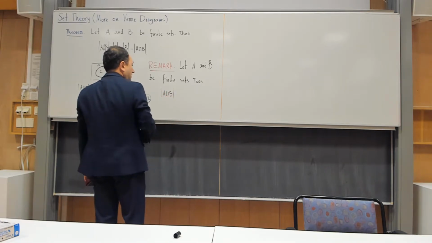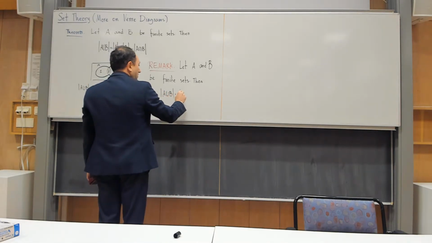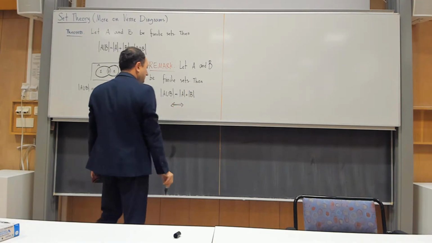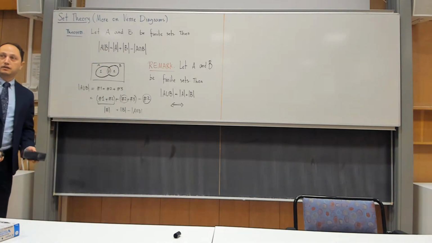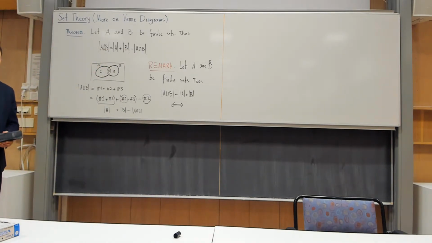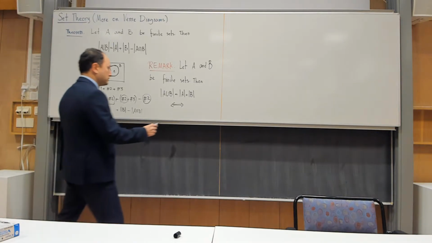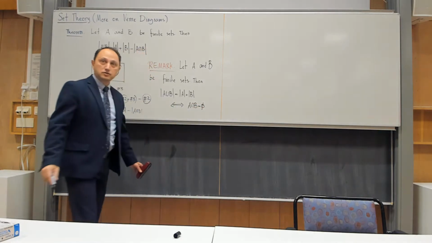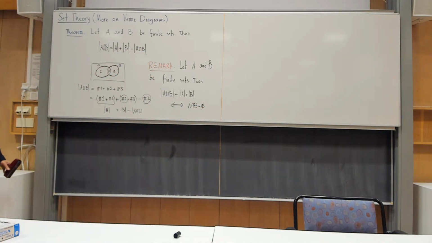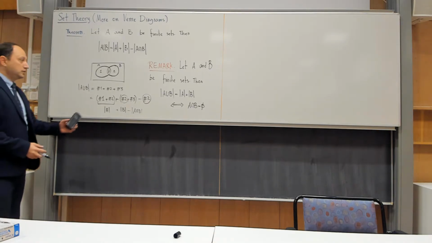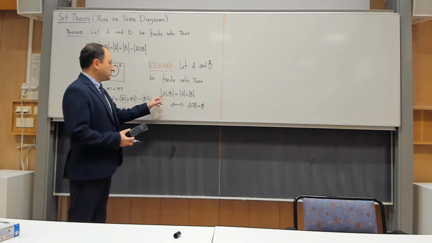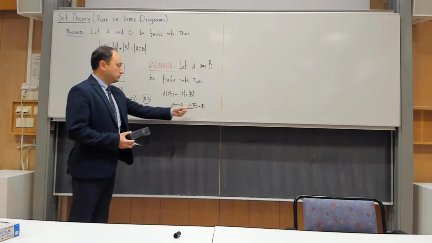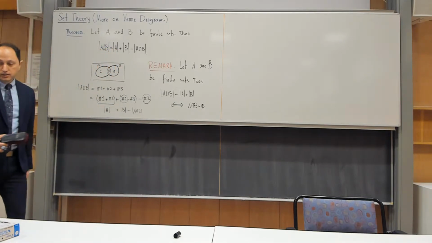If you see the cardinality of the union is equal to the cardinality of this, this happens if and only if what? Under what circumstances does this happen? Yes? They are disjoint. They are disjoint. Thank you very much for using that word. So this means that the intersection is empty. Yes? So only under this condition you can have this. And that's also very good to understand, by the way. So the cardinality of the union of two sets is equal to this if and only if the intersection is the empty set.